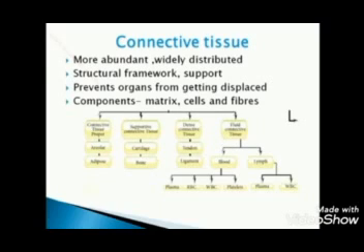It prevents the organs from getting displaced by body movements. It has the components of matrix, connective tissue cells and fibers. It is classified into connective tissue proper, supportive connective tissue, dense connective tissue and fluid connective tissue.